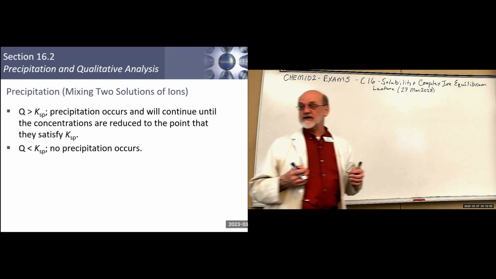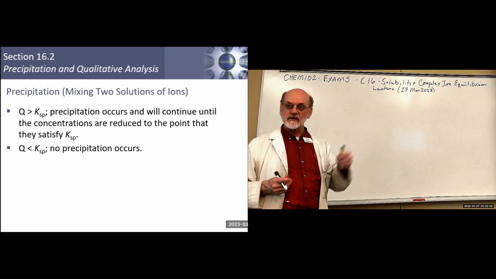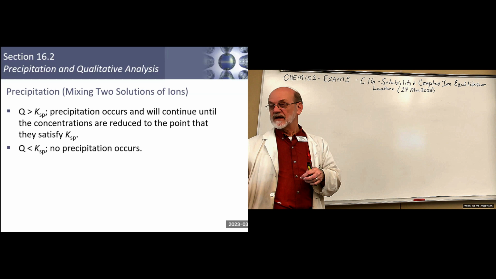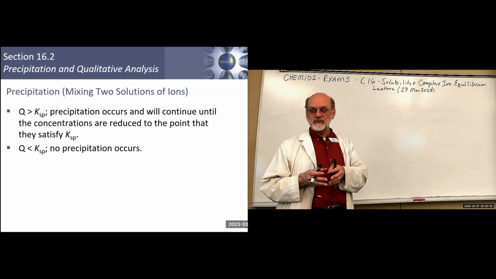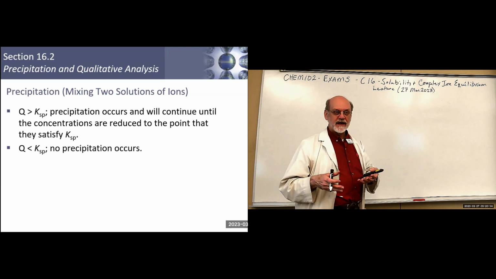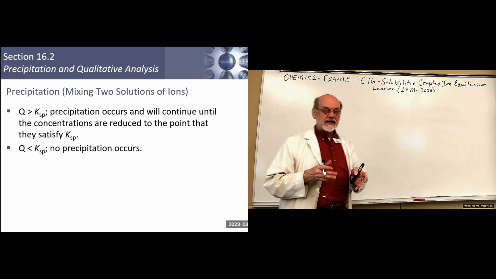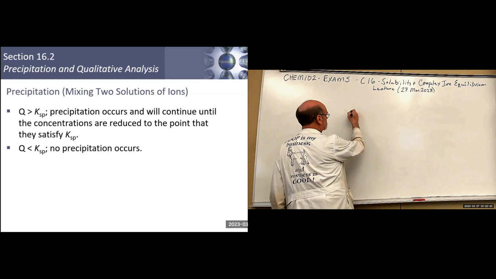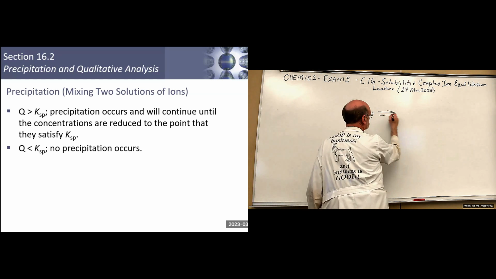Well, the question there is best answered by calculating the Q. If you've got a concentration for silver and a concentration for chloride, then you take those concentrations, calculate the Q, which would be similar to the K, the same procedure, and compare it to the K. Compare the Q to the K. If the Q, we just stick with this example.